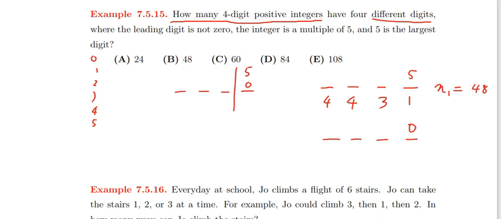Then the last one is 0. The first one can pick 1, 2, 3, 4, 5, so we have 5 ways.